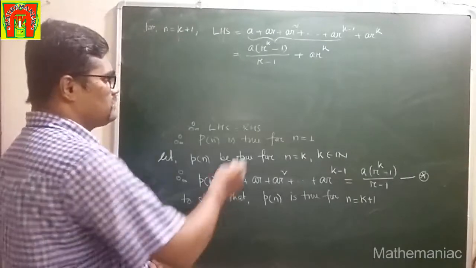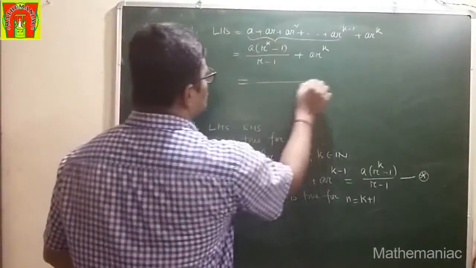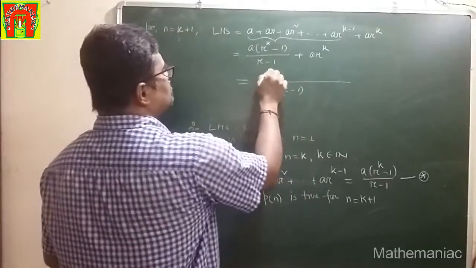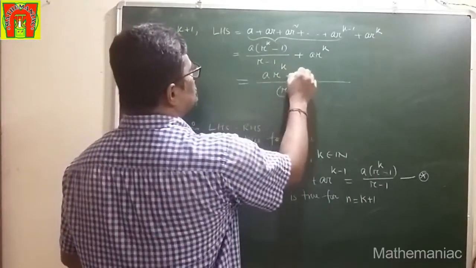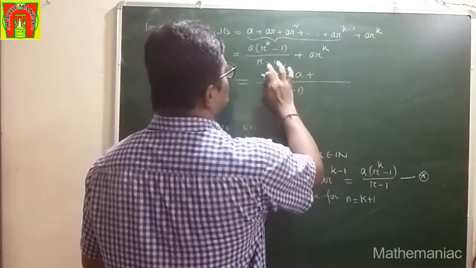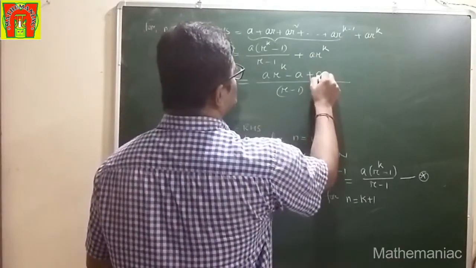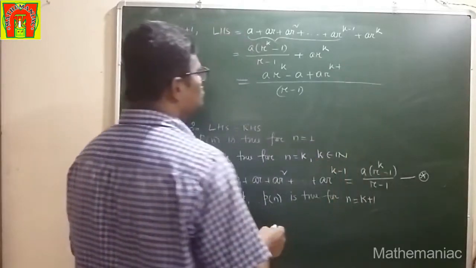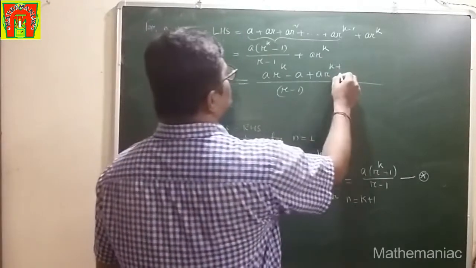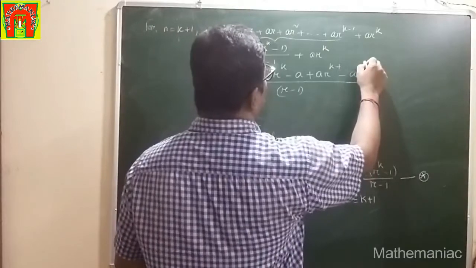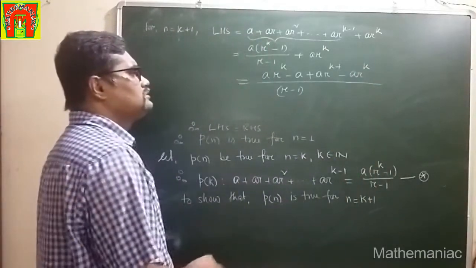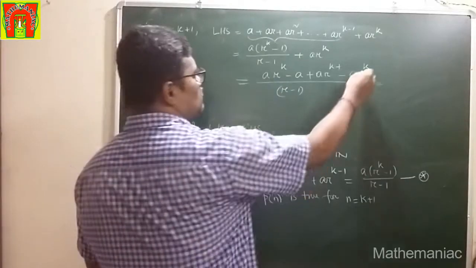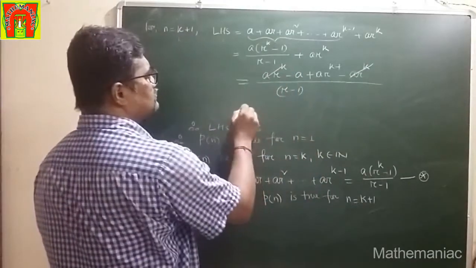If you simplify taking the LCM, what will I get? a r to the power k minus a, then this I multiply, it is a r to the power k plus 1, and then a r to the power k minus. Now this term and this term will get cancelled.